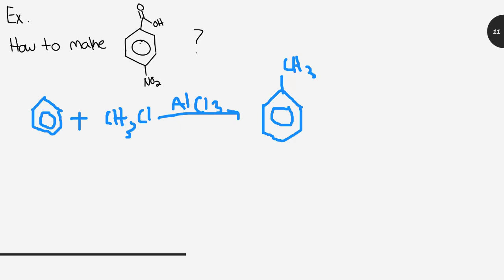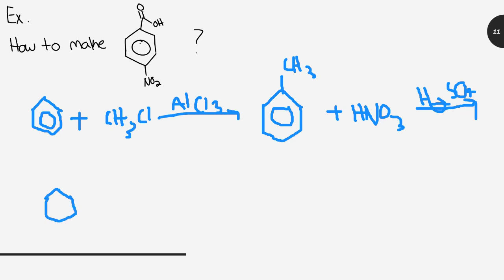So now that I have a para director, now you can do nitration with HNO3 in sulfuric acid. That will give me a nitro group para to a methyl group.